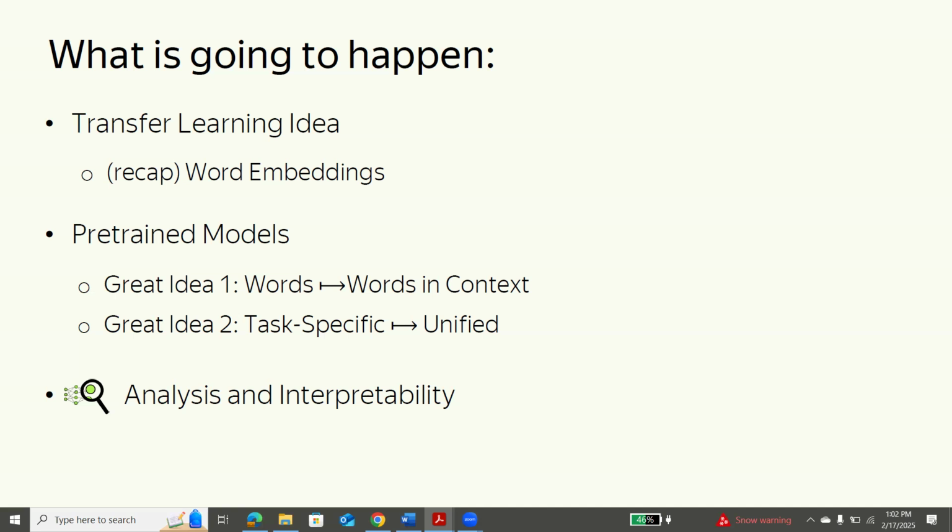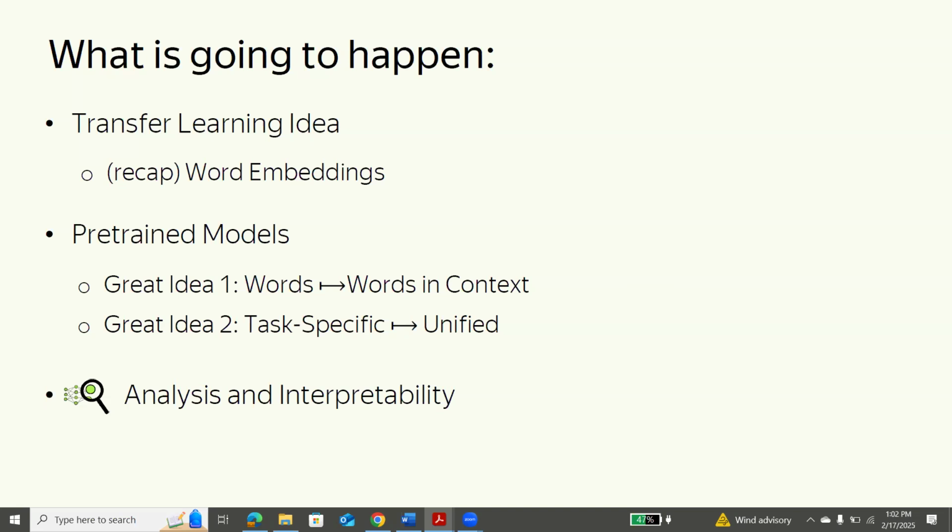The idea to use something pre-trained is called transfer learning. We train word embeddings, but then we reuse these pre-trained word embeddings, for example, for sentence classification.